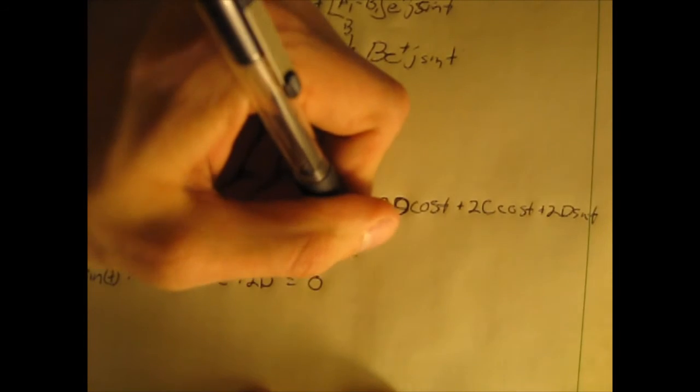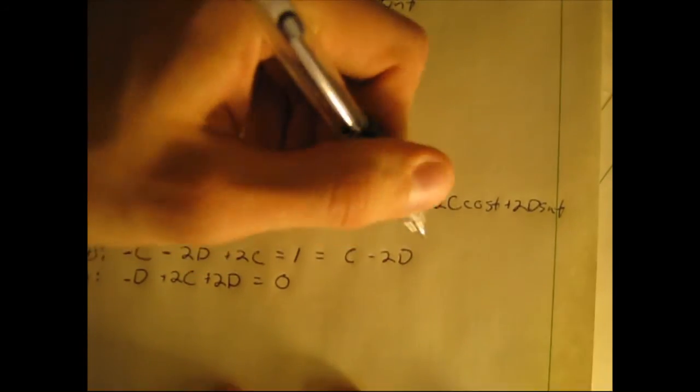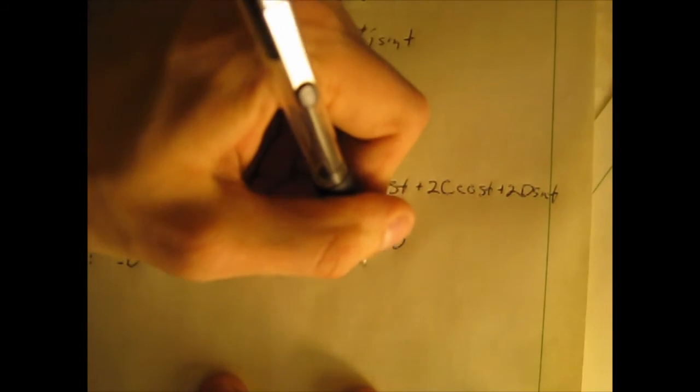Now let's combine these terms together. That's going to be c minus 2d, equal to 1, and then we're going to combine these two d terms together. Keeping the c in the right position, that'll be 2c plus d.